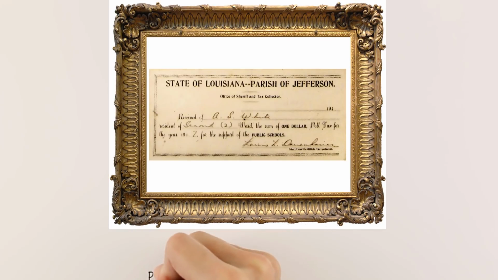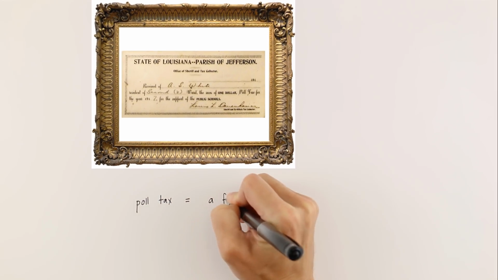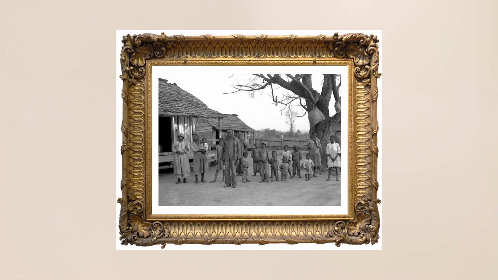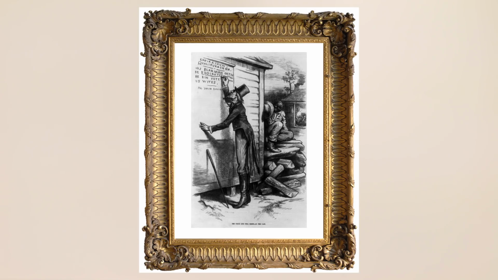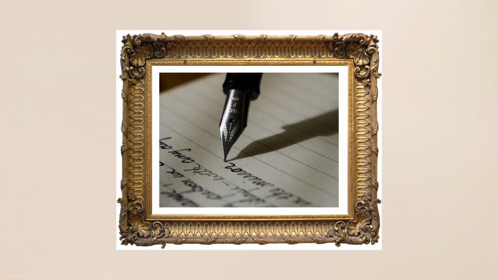Some states established poll taxes, in which voters were required to pay a fee before casting their vote. This prevented many former slaves from voting due to their lack of income. Many states also instituted literacy tests, in which voters were required to pass a reading and writing test before casting their vote.